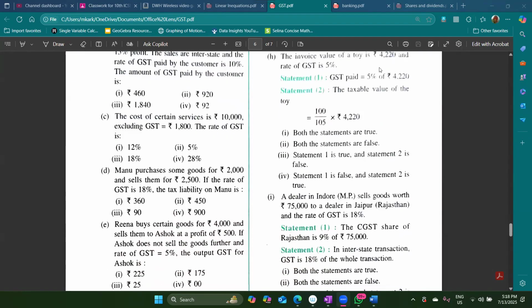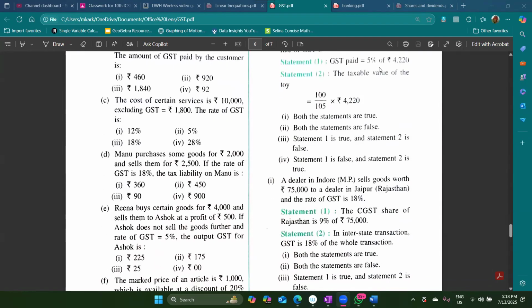So we can skip that. C. Correct, Soham. Correct, Aniket.